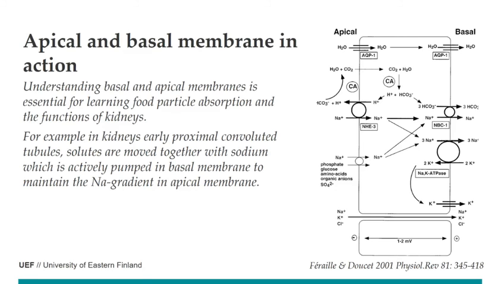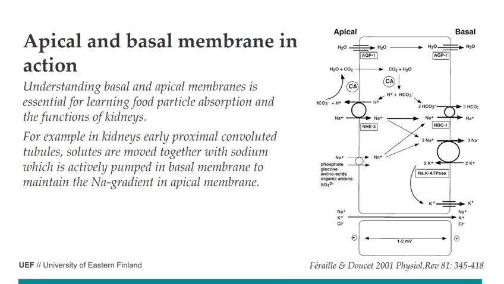So here you can see at the top it's H2O, meaning that there are aquaporins transporting water from the apical side to the basal side. Then a little bit lower there is some carbon dioxide that is transported. Then we have sodium and a sodium-proton exchanger that is transporting sodium.